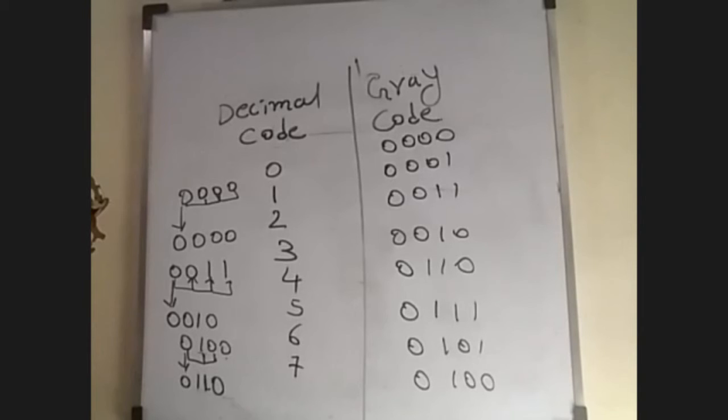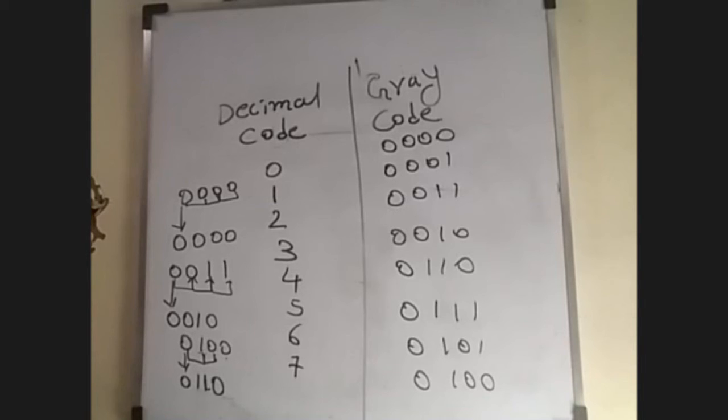The remaining values we can write are 8 to 15. 8 is 1000 in binary. Apply the exclusive OR operator between the bits. What is the gray code for 8? 1100.